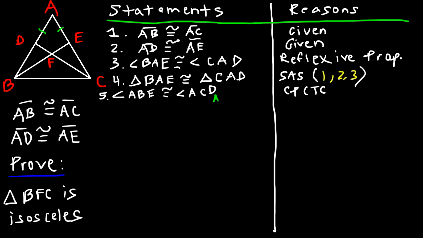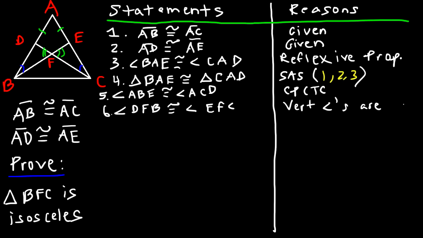So now we can get rid of this stuff. So this angle is congruent to this one. Now we can say that this angle is congruent to this one in step 6. So angle DFB is congruent to angle EFC. And the reason? Vertical angles are congruent.